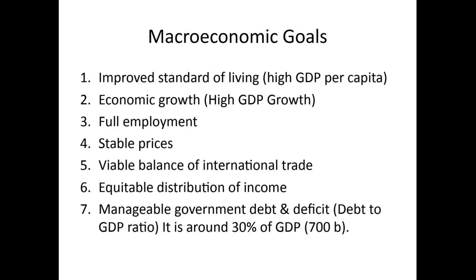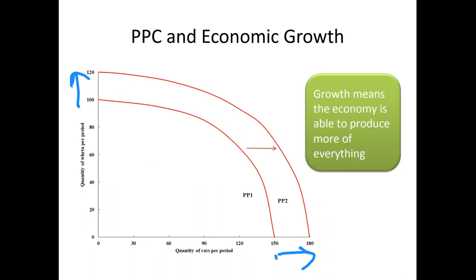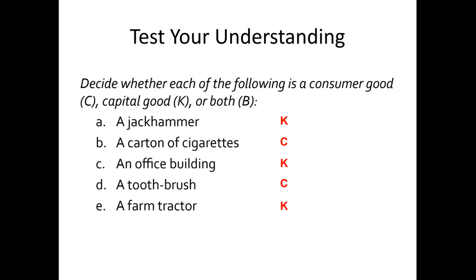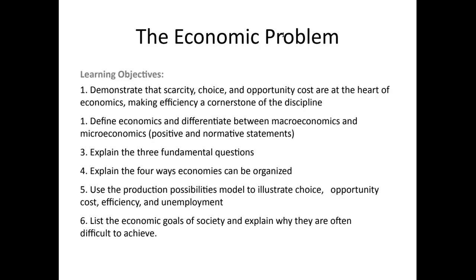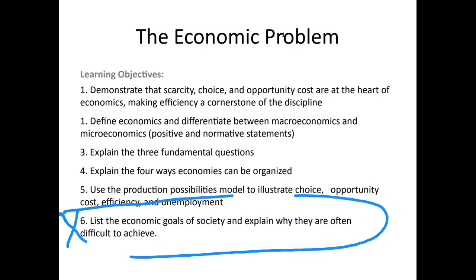So these are the macroeconomic goals, and I really don't know why we should discuss this. Basically, this objective we're now going to cover: list the economic goals of society and explain why they are often difficult to achieve.